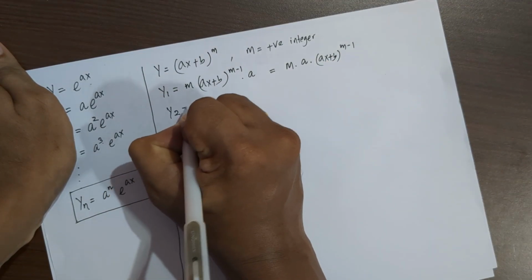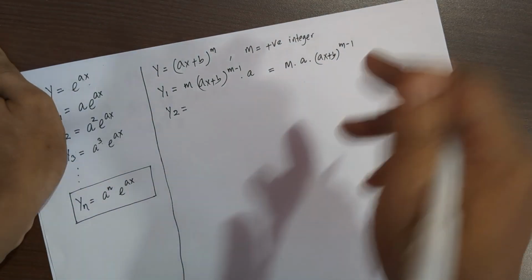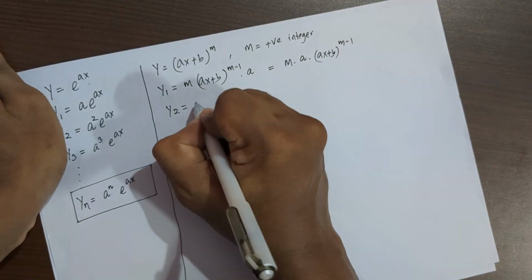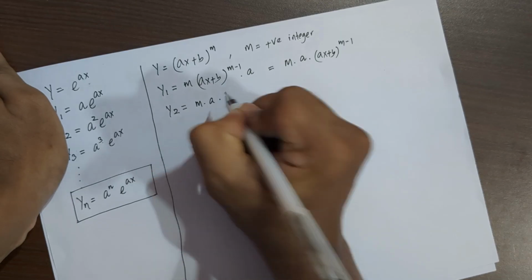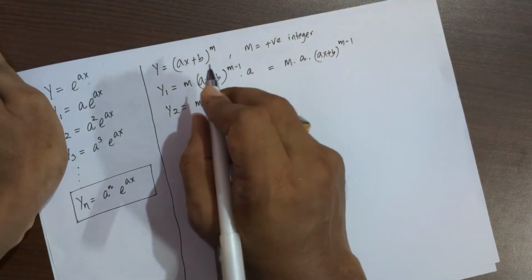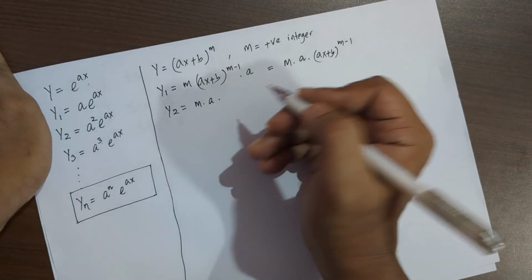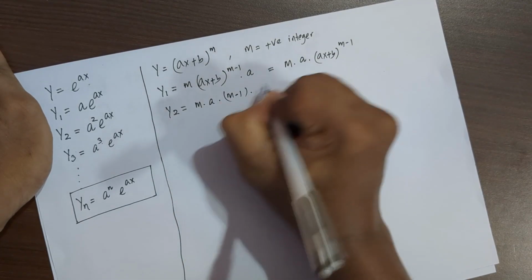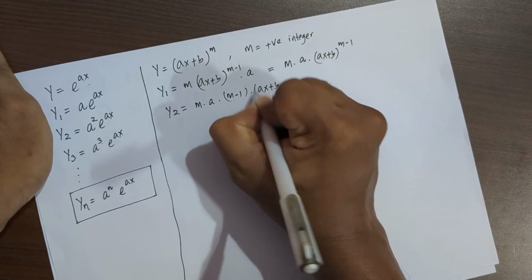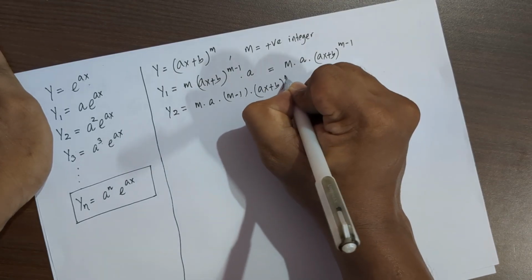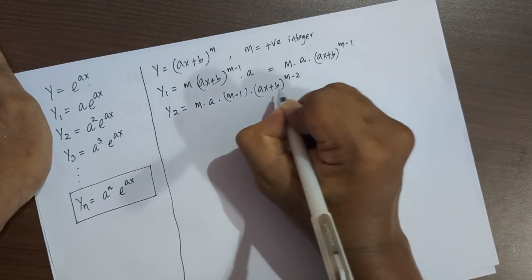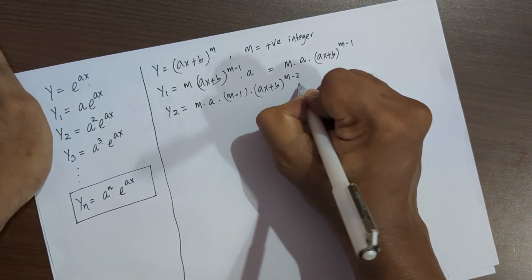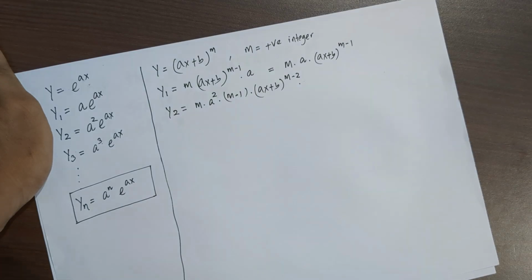Its second derivative will be: these are constants, so m a will remain outside. Derivative of ax plus b to the power m minus 1: m minus 1 will come outside, then ax plus b to the power m minus 2, then the derivative of ax plus b, which is a. So it will be a square.